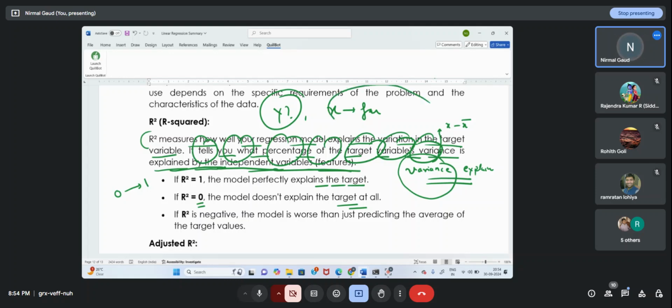So what percentage they are contributing, what percentage of the target variable's variance is explained by the features, that is defined by R2 square.